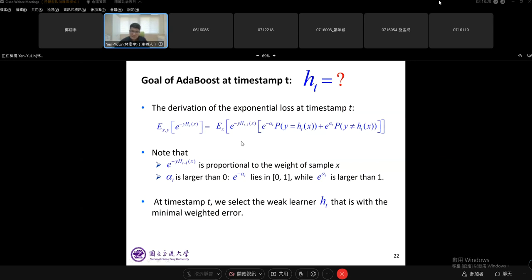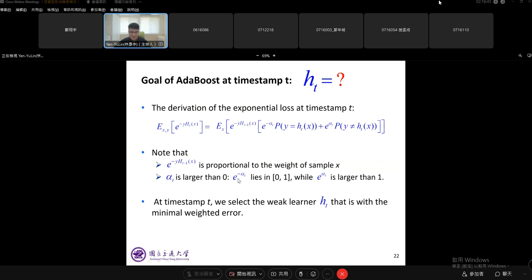Now let's look at the range of this term. We know alpha is always larger than 0. I have specified the reason in the previous session. So although we don't know the value of alpha t currently, we know alpha t is always larger than 0.